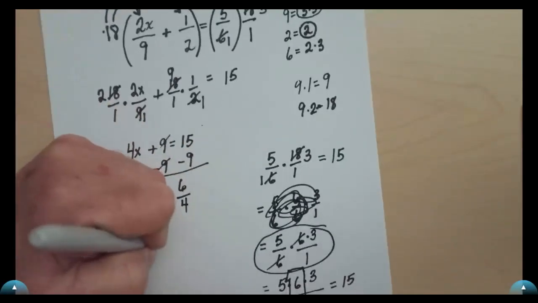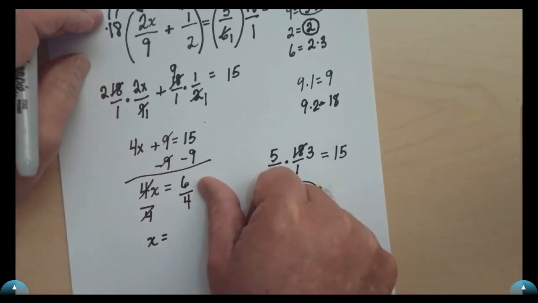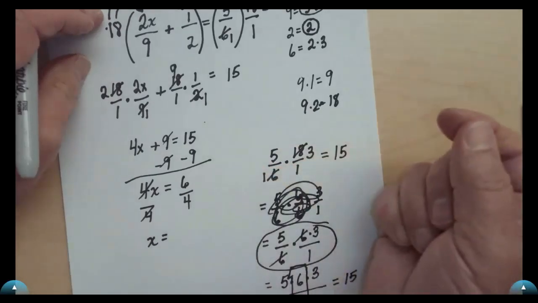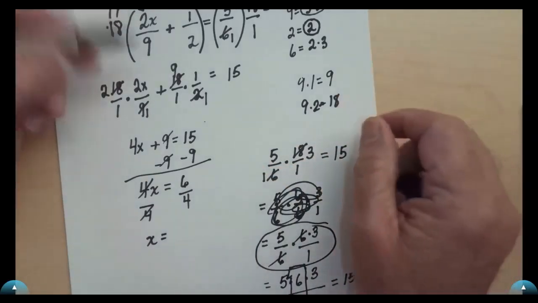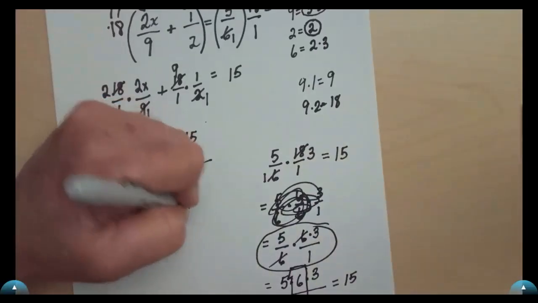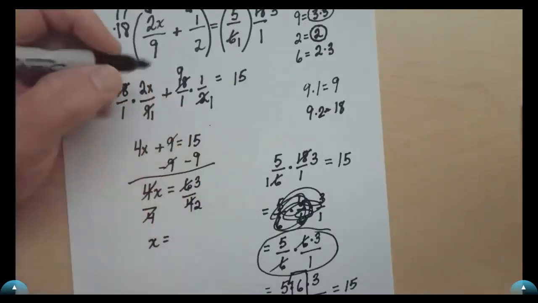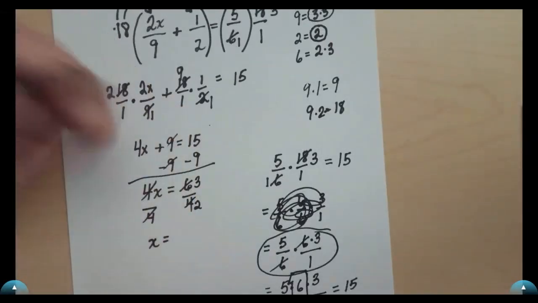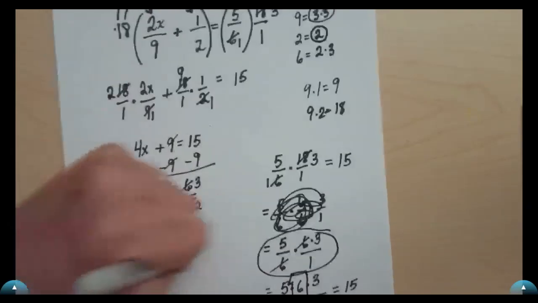And get x equal, should my final answer be 6 over 4? No, because we simplify that fraction. We cancel common factors on top and bottom, just like we've been doing up here. And so we can say that 2 goes into 4 2 times, and 2 goes into 6 3 times. So our final solution is x is equal to 3/2.